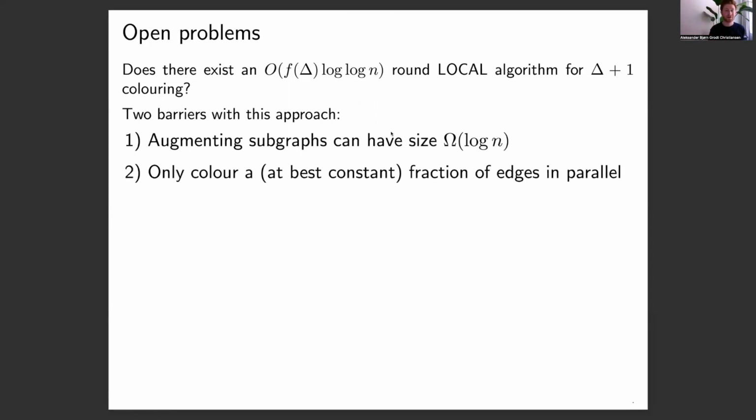First of all, we know that augmenting subgraphs, if you do it completely naively, might have a very large size. And second of all, it seems that with this approach, the best you can do is color a constant fraction of edges in parallel, right? So that's also going to give some log-n term.